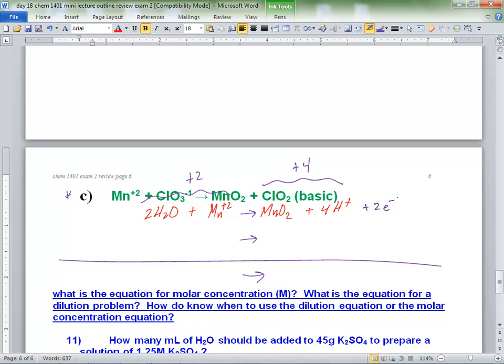Is that how you balance the manganese half reaction? Hopefully you added 2 electrons to that product side. Right?